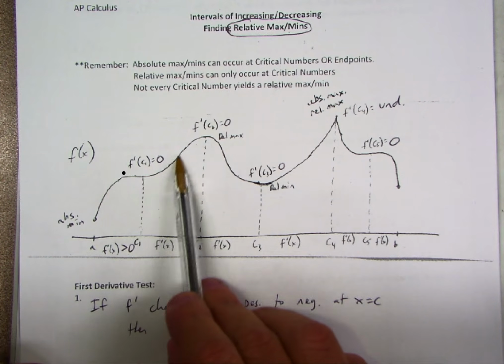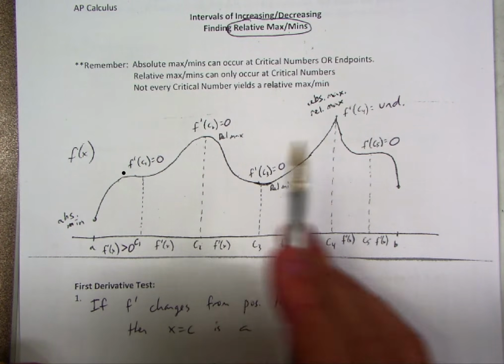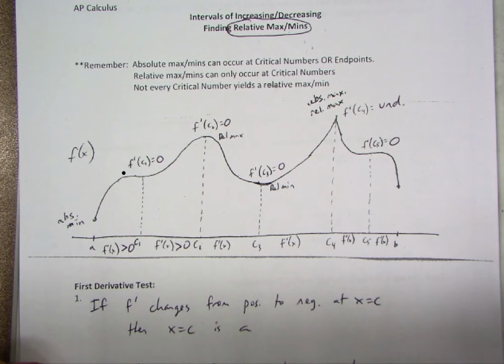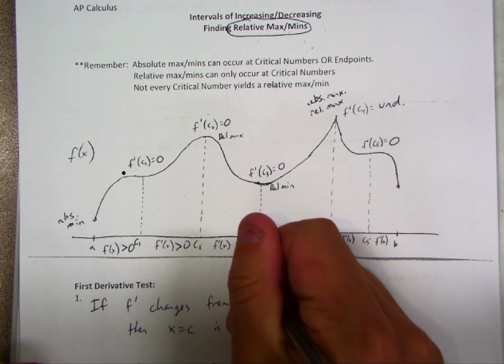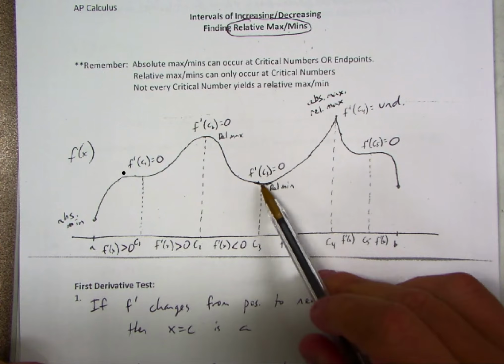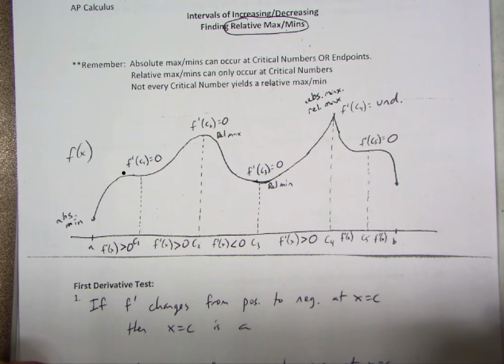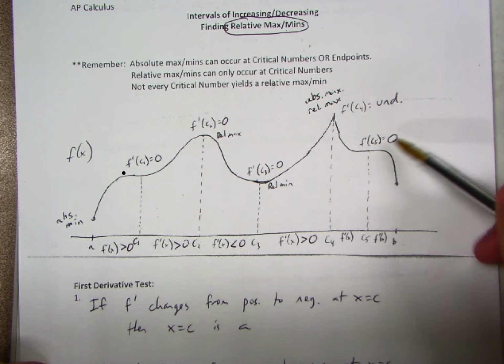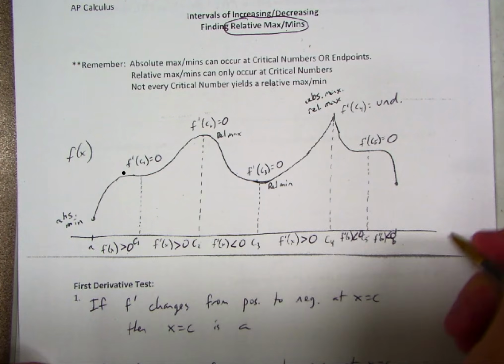On this entire interval, since f of x is increasing this whole time, its derivative is also greater than 0. Here, the function's decreasing, so its derivative is negative. Here, the function's increasing, so its derivative would always be positive on that interval. And then decreasing and decreasing again, so less than 0, less than 0.